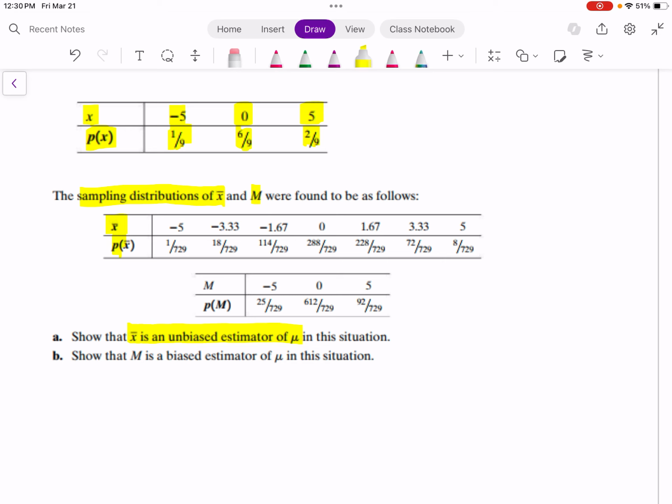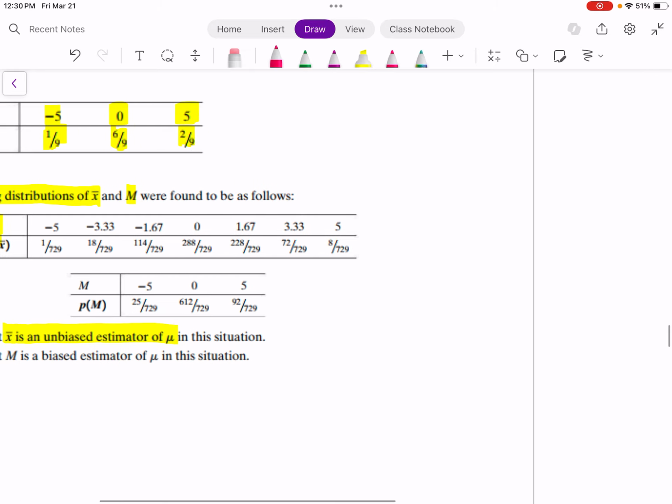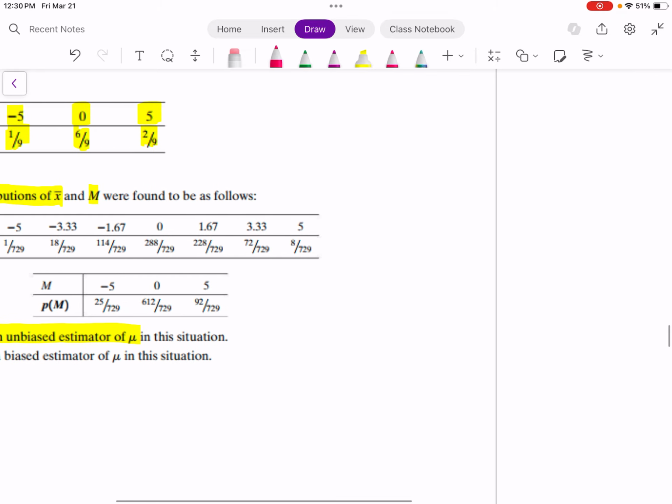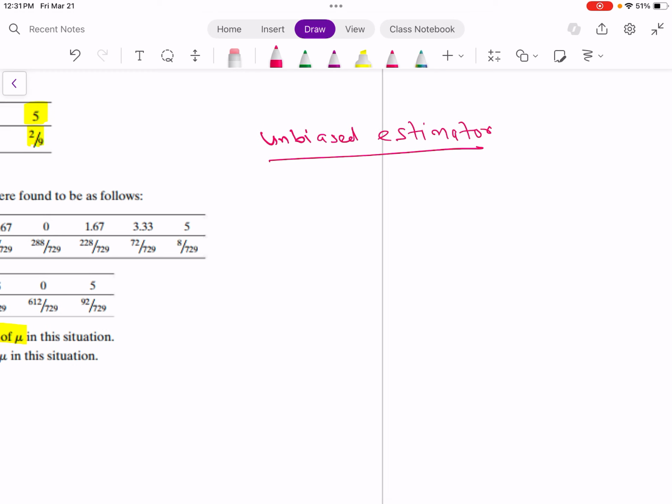Now, what does it mean to be an unbiased estimator of mu? To be an unbiased estimator, what do we need? The mean of a sampling distribution has to equal the parameter.